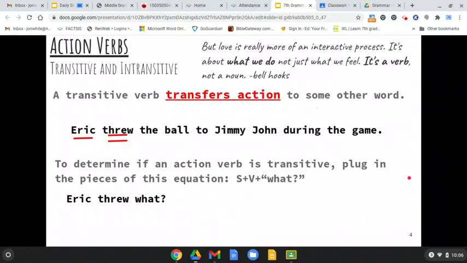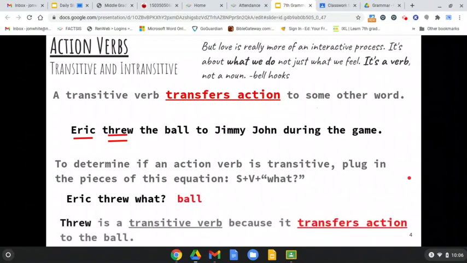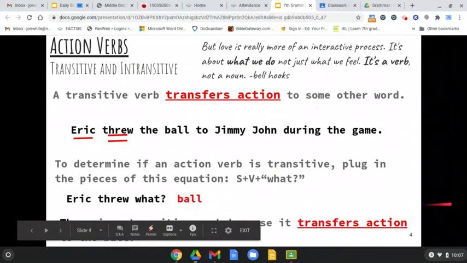So what is that? Eric threw what? Ball. So since we can get that answer, threw is a transitive verb because it transfers action to the ball. So you look at the sentence and you say, okay, Eric threw what? Threw the ball. Ball is the direct object, and that means that threw is a transitive verb.